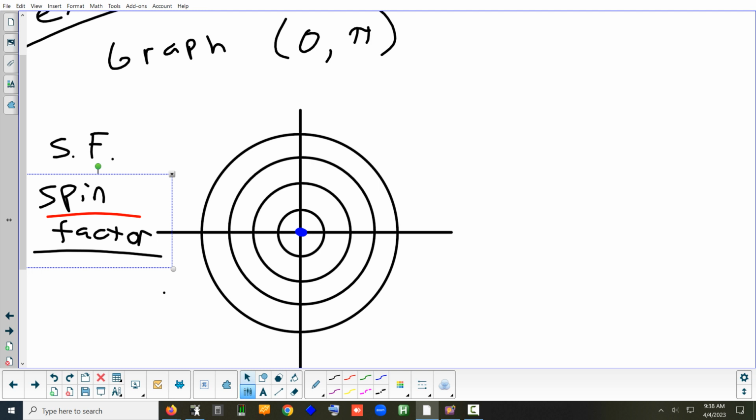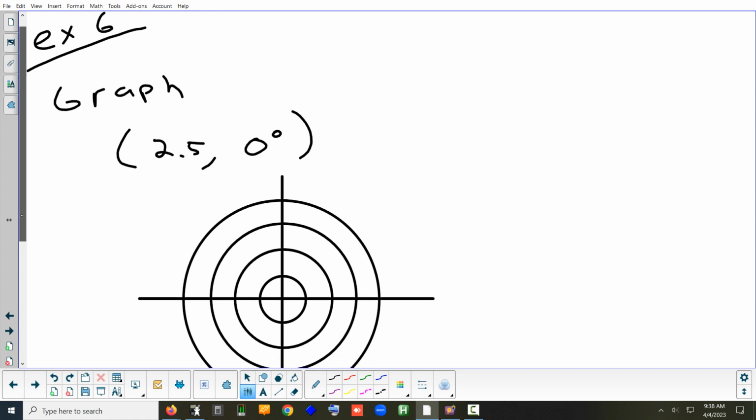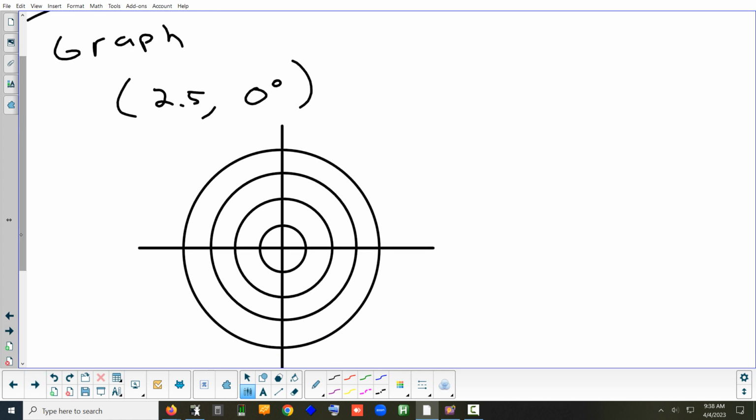So 0, pi is always at the origin. 0 comma anything, it just stays in place, it doesn't move. But how about if you put 0 as the second number? Is that going to stay at the origin? No, it's going to be on the polar axis somewhere. So when your angle is 0, you either move left or you move right, and then you stop.